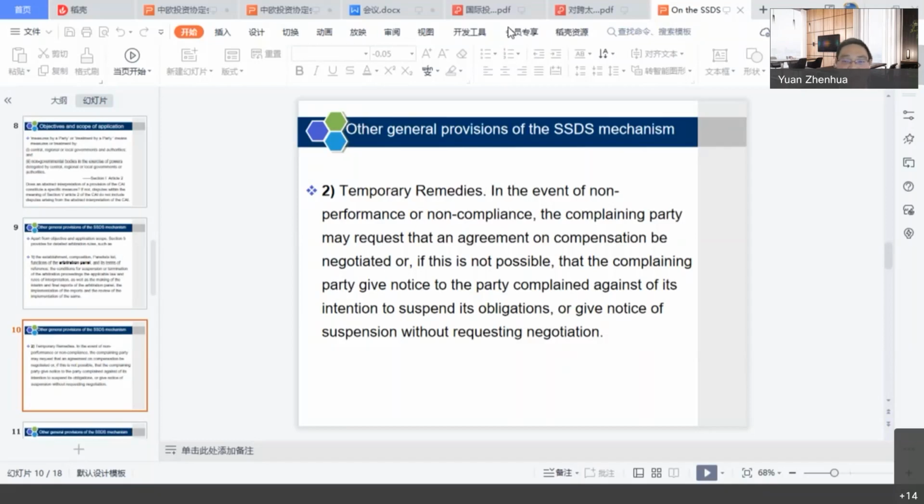Okay, of course, as far as conformity of the same measures of the host country with the agreement under the SSD mechanism, we should apply the principle of res judicata to prohibit the ISDS tribunal from hearing the same dispute.